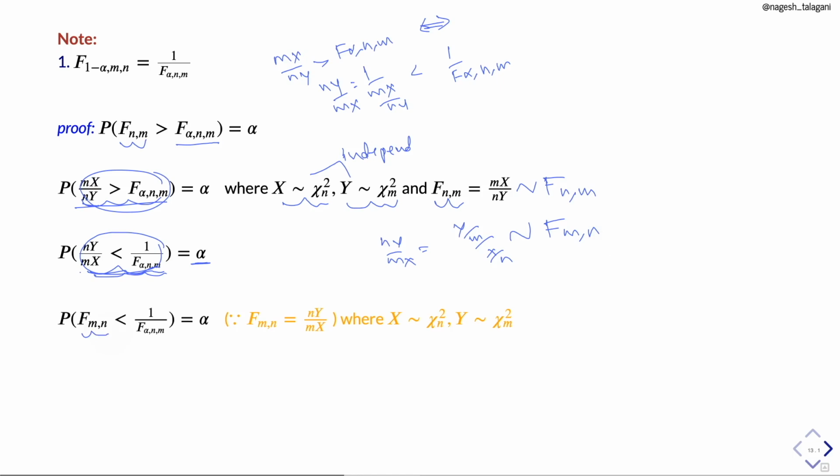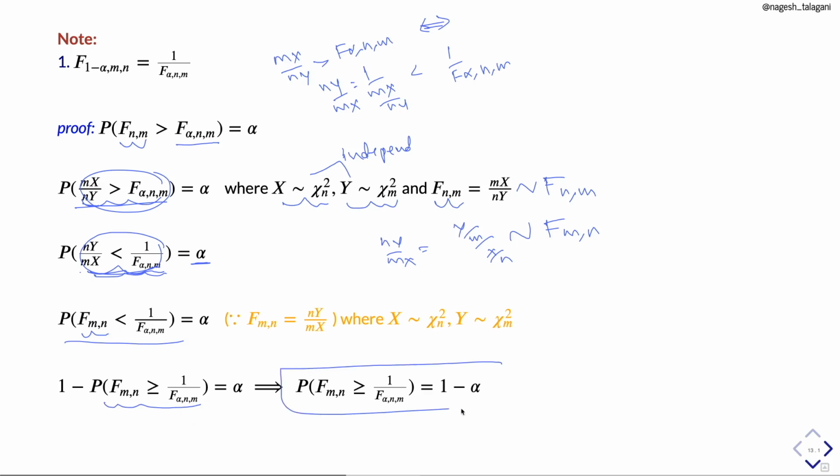Now this probability I can write as 1 minus the probability of F m,n greater than or equal to 1 by F alpha n,m equal to alpha. From this, the probability of F m,n greater than or equal to 1 by F alpha n,m equals 1 minus alpha.